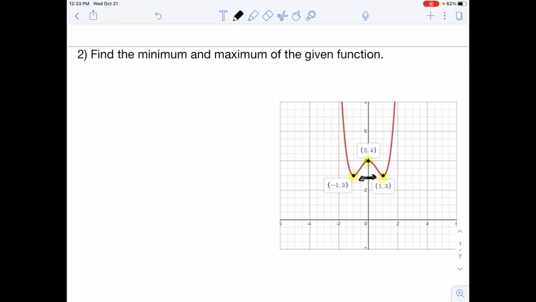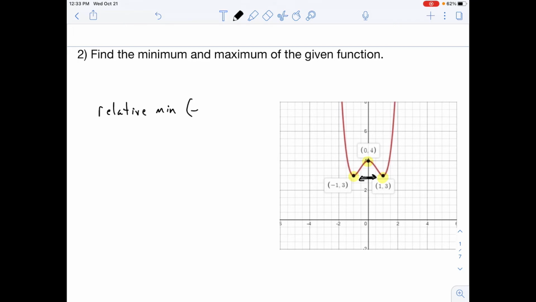They go down to y equals 3. So they are at the same exact level on the y-axis. So in terms of being a min, they have the same weight, because they're on the same y value. So they are both relative mins.